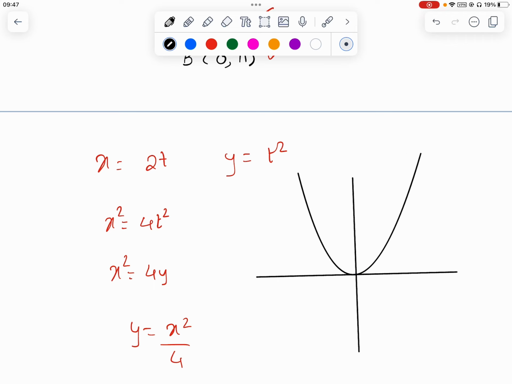Now there is a point 6, 9 and the normal at that point. I am drawing the normal at that point, and that normal meets the y-axis at B. Now shade the region. This point is P. This is going to be the answer, region R.